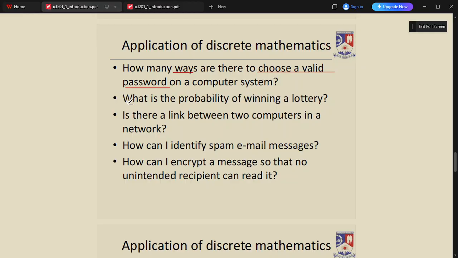It also helps you to figure out the probability of winning a lottery. Discrete mathematics helps you figure out the linkages between two computers in a network.